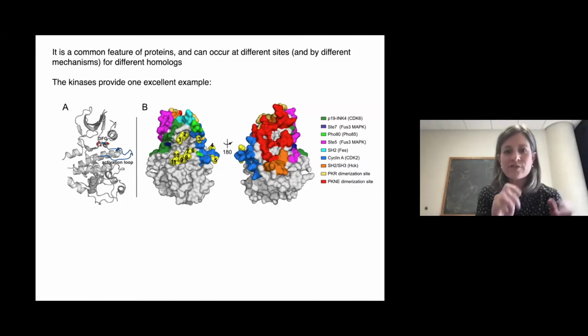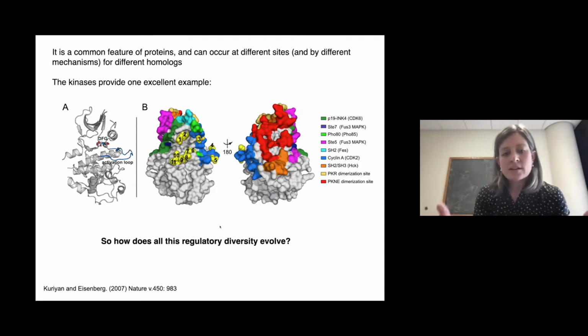And so as you go through and start to add on different regulatory sites from different kinase family members, this thing starts to quickly look like an Easter egg, right? So for example, you can see that the cyclin-dependent kinases are regulated over here on this blue surface. Some kinases are regulated by dimerization on the back side of the kinase, right? And you quickly get this view that allosteric regulation can happen all over the place.